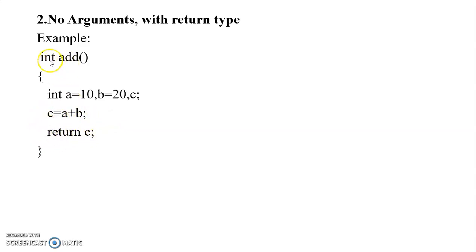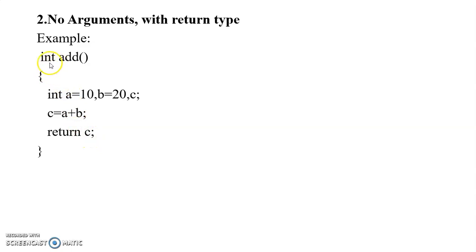Because whenever I'm using integer, float, double, any data type as a return type, the printf function doesn't work there. So we need to use the return keyword. It actually returns the value of c on the screen, so it works like a printf function. Whatever output is stored in the c variable will be directly printed on the output screen using the return keyword.